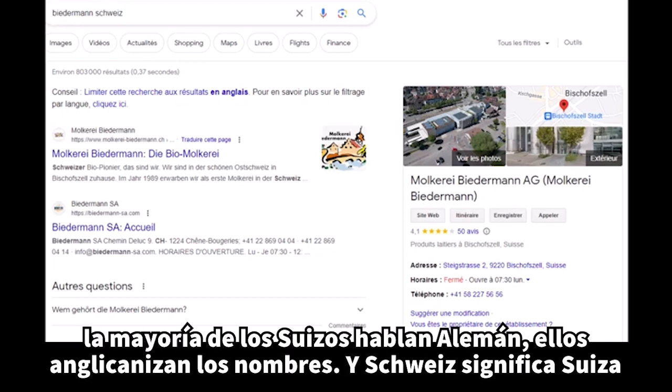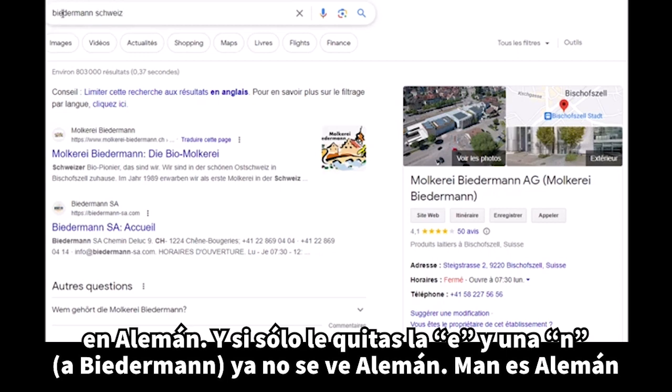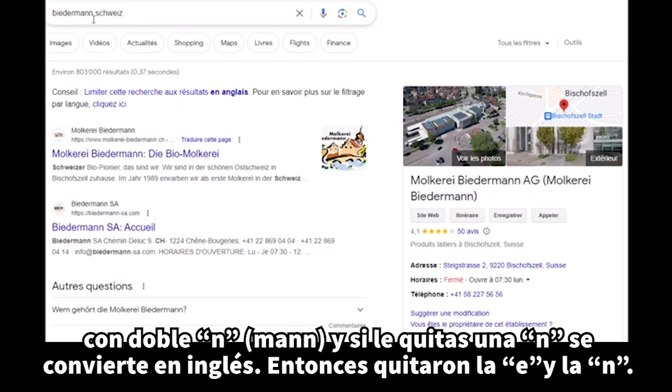Most of the Swissies speak German, so they anglify the names, and Schweiz means Switzerland in German. And if you just take the E and 1 N away, it doesn't look German anymore. Mann is German with double N, and if you take 1 N away, it becomes English. And so they took the E and the N away.